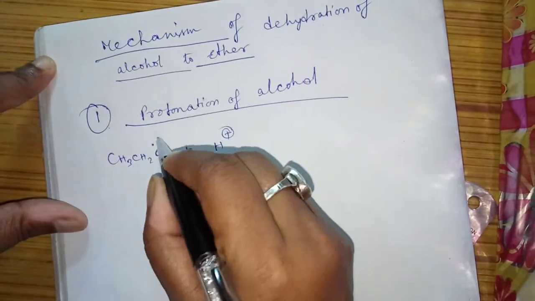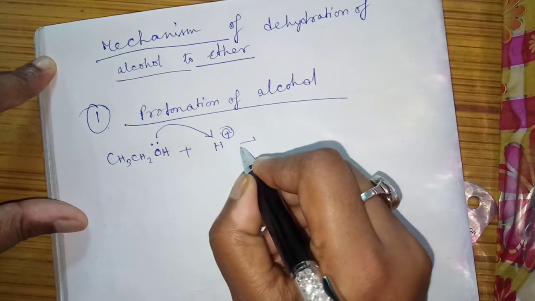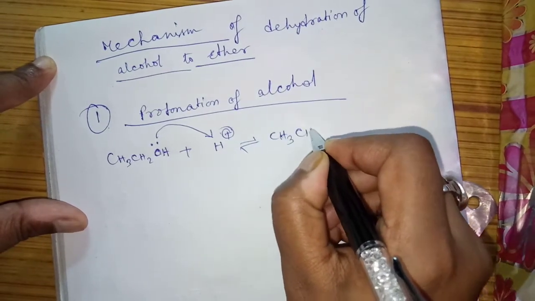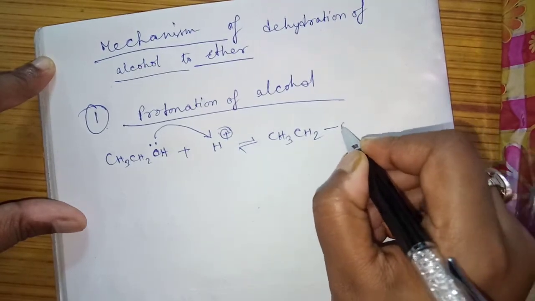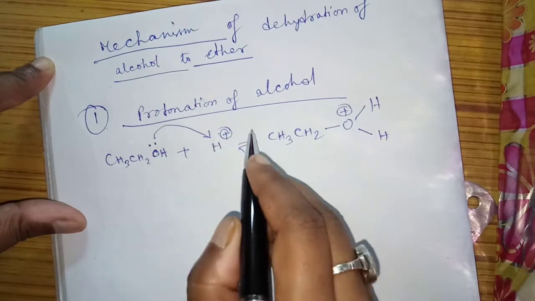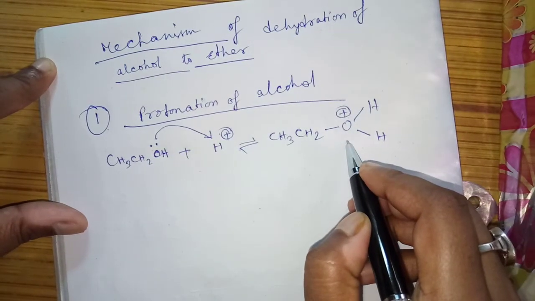See, it will protonate, or it will donate its lone pair of electrons to this proton. So this is called protonation of alcohol, and ultimately we are getting this product, CH3CH2OH2 plus, because oxygen has already donated its lone pair of electrons, therefore oxygen is getting positively charged.